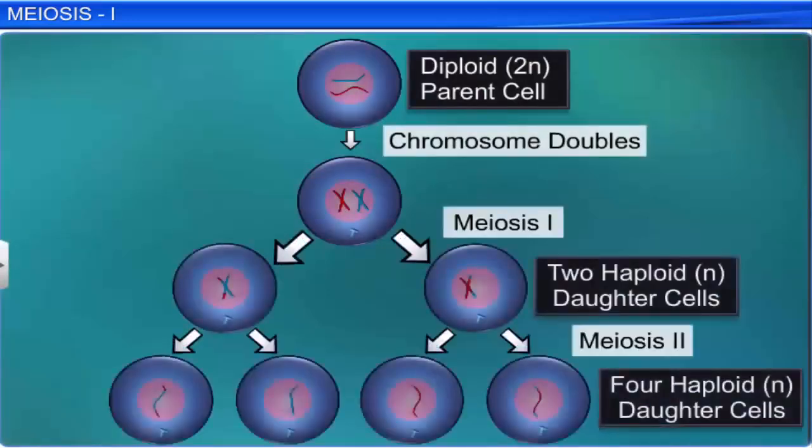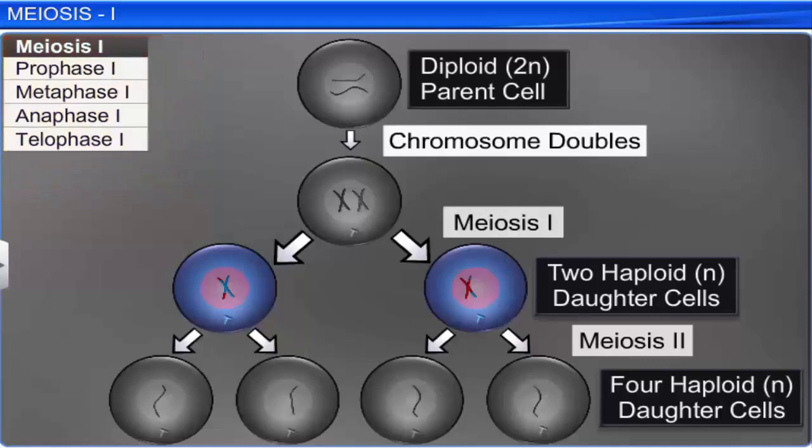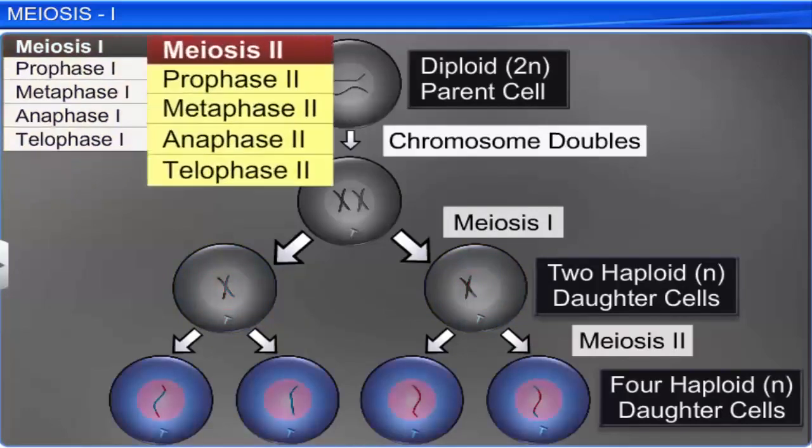Meiosis I is divided into four stages: prophase I, metaphase I, anaphase I, and telophase I. Similarly, meiosis II is divided into four phases: prophase II, metaphase II, anaphase II, and telophase II.